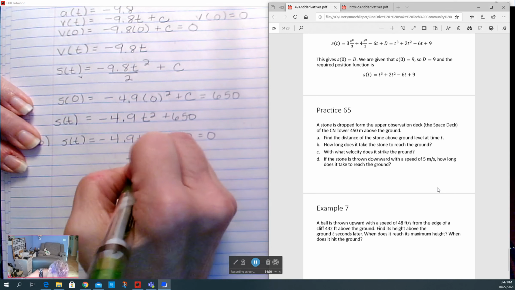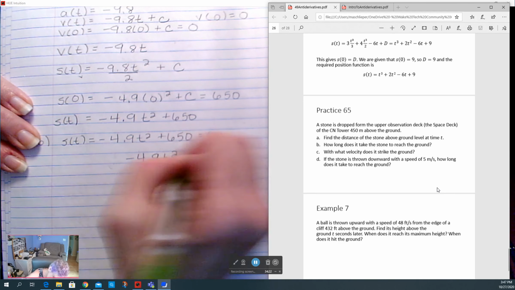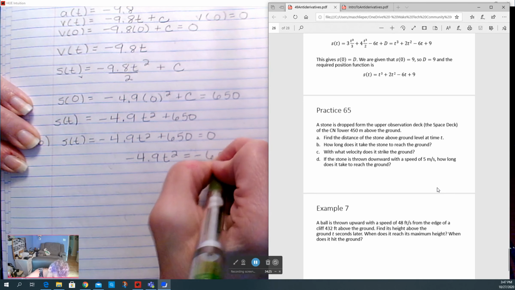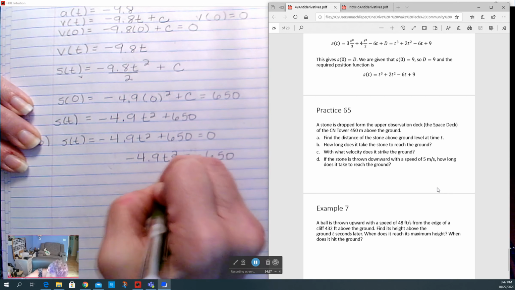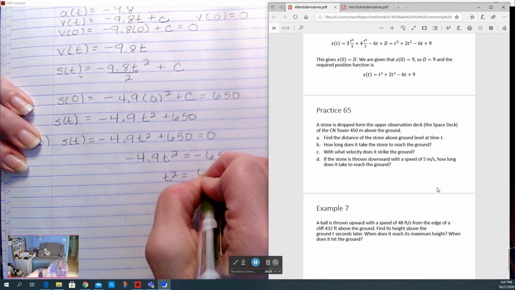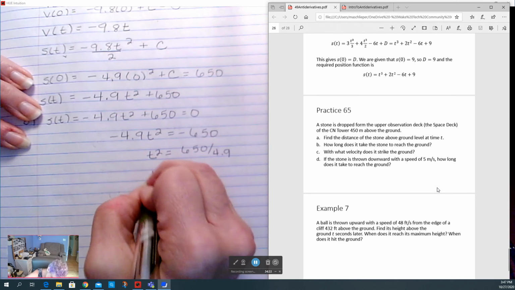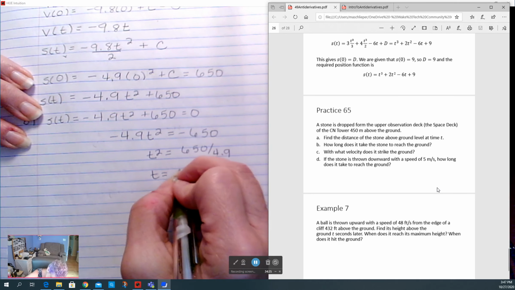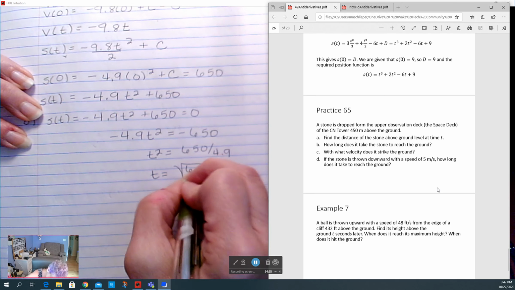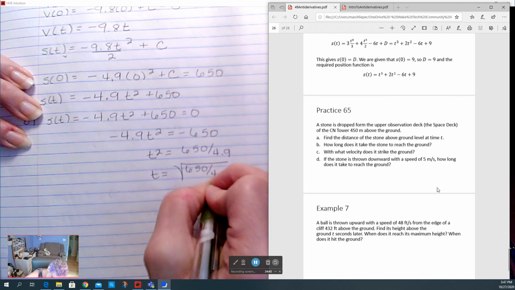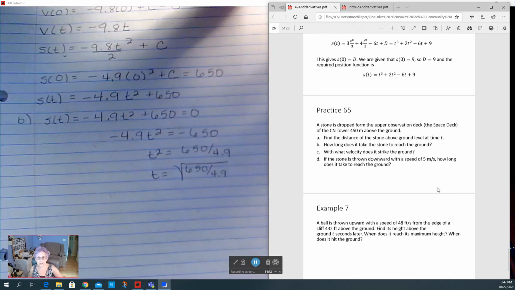So negative 4.9t squared is negative 650. So t squared is 650 over 4.9. So t is plus or minus the square root. And I know it's not minus because I don't have a time machine.